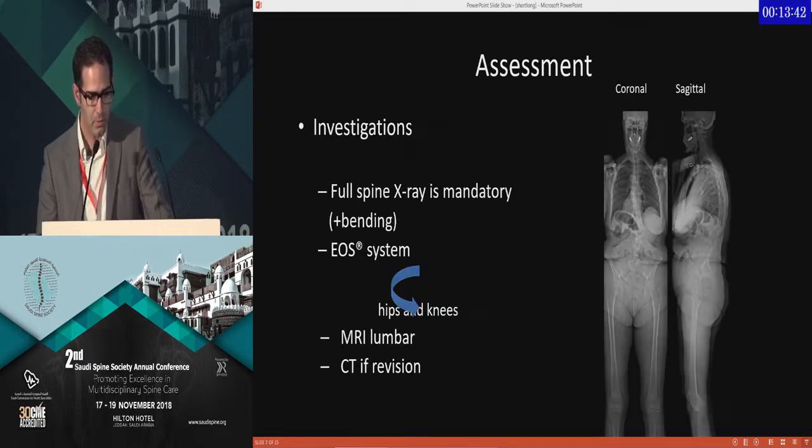The assessment, of course, needs to be done on full spine X-rays with bending films. If you have access to the EOS system, it's better to have the hips and knees. Of course, MRI is mandatory to understand what's happening inside the canal, and CT scan if it's a revision case.